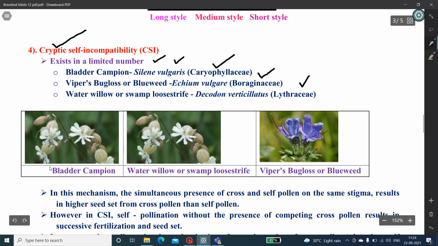This is the bladder campion, this is the water willow, and this is viper's bugloss or blueweed.